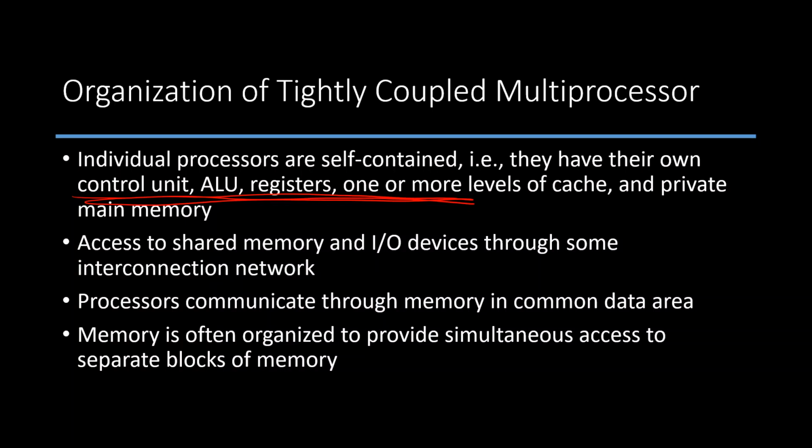We have an interconnection network, but it is done through a shared memory. Once again, I'll show you configurations later that show how this is accomplished at the PCB level. As we've said before, any communication takes place through a shared memory in a common data area. So there is a portion of memory that is set aside to pass variables back and forth.